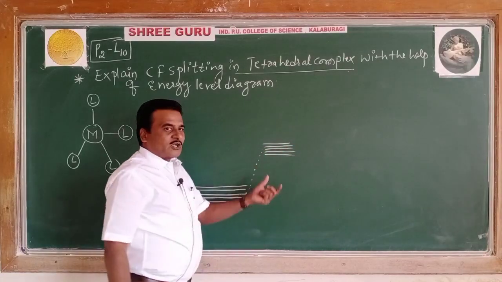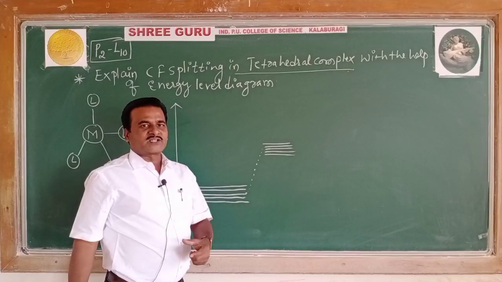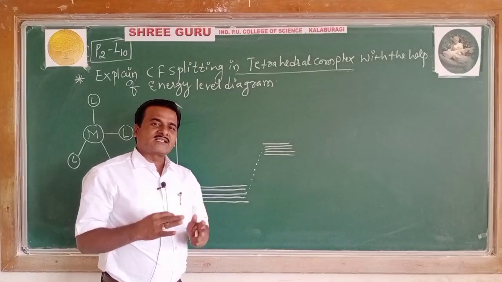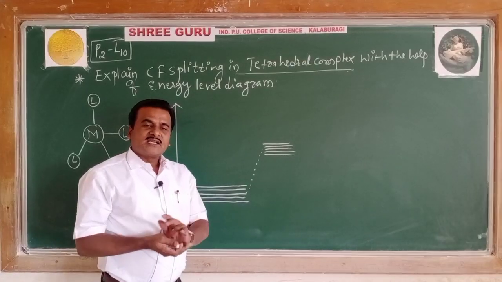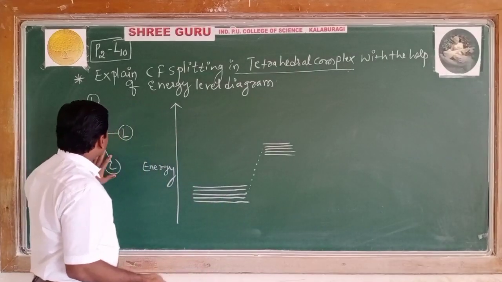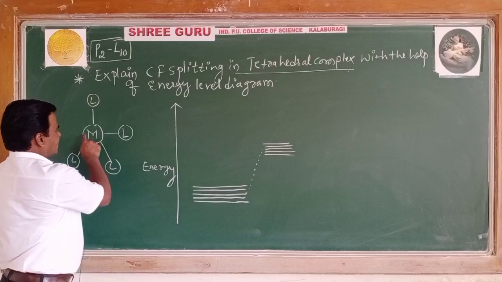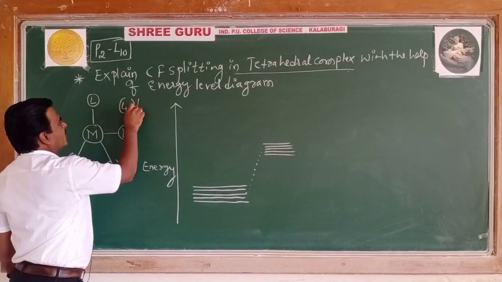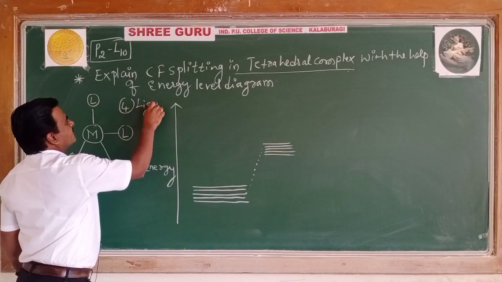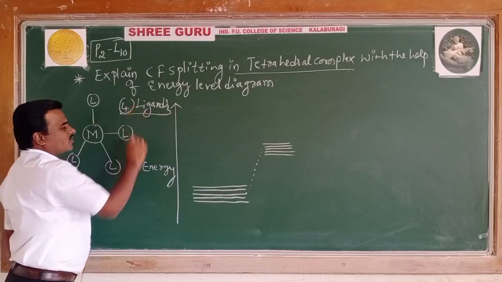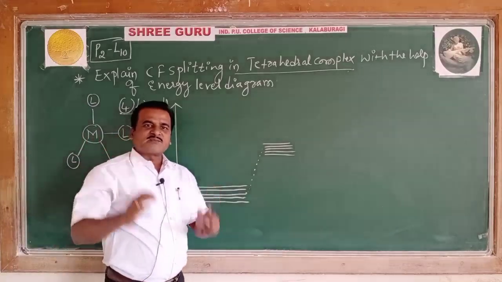Here, due to the lesser repulsion, why is there lesser repulsion? Because the metal atom is surrounded by only 4 ligands, the repulsion is minimum.